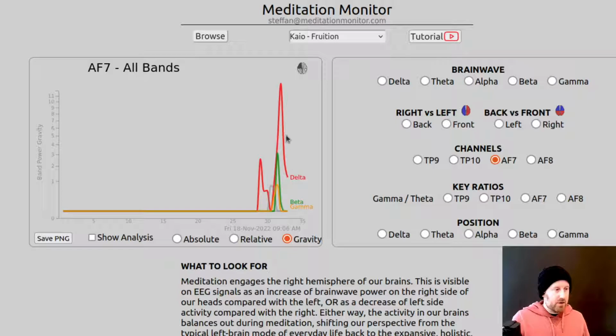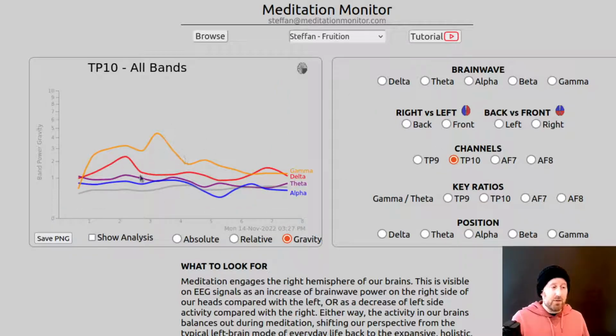Notice how it's not just one band that's increasing. There's multiple going on at the same time. I think that might be really important. Instead of just gamma increasing, there's this coordinated, synchronized increase. If we compare with my version on TP10, again, there's multiple bands involved in this increase.